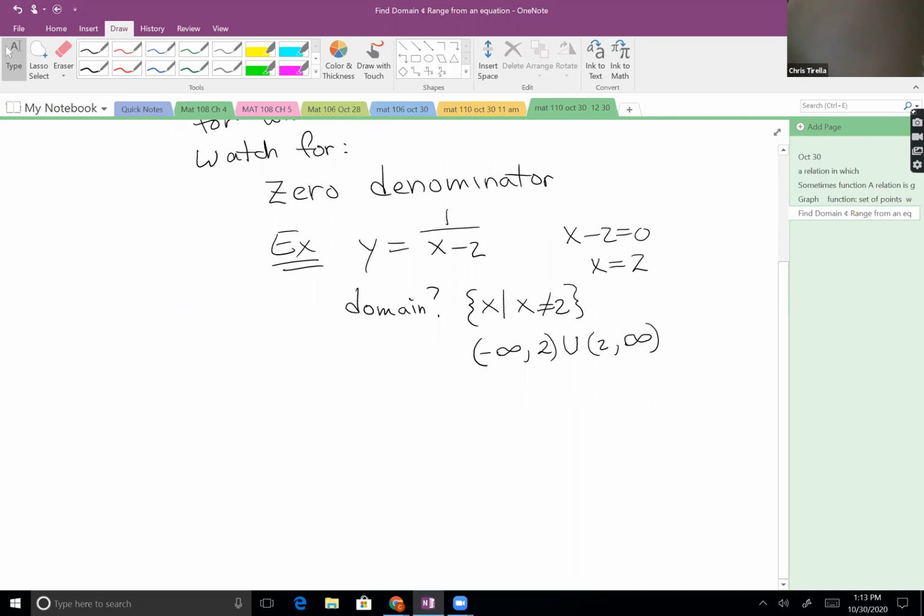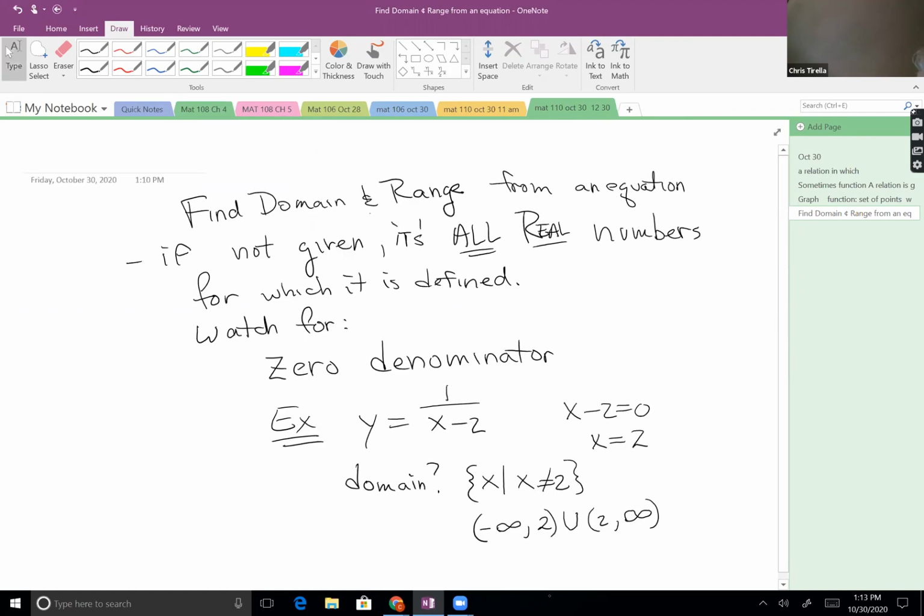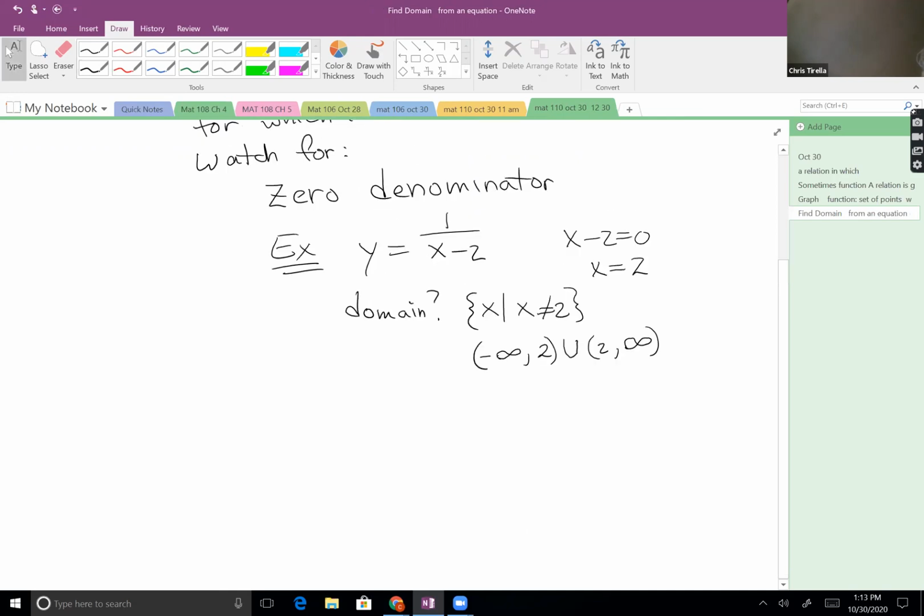Besides the 0 in the denominator, if we're restricting our thoughts to real numbers, the other thing that we have to watch out for is radicals. If we're only looking at real numbers, that tells me that the radicand cannot be negative, so it must be non-negative.